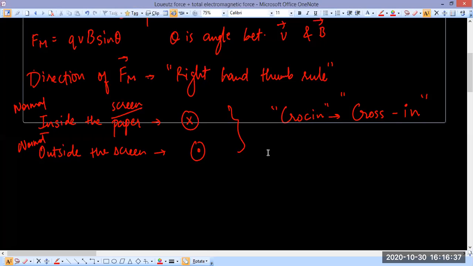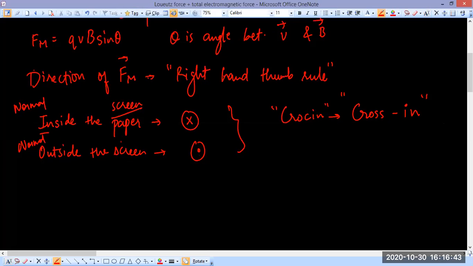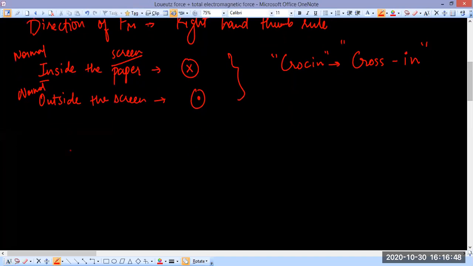Okay, so now what is the unit of magnetic field ને એવું બધું જરાક જોઈ લે, બરાબર? Unit of B is Tesla, capital T, okay, for Tesla, right?